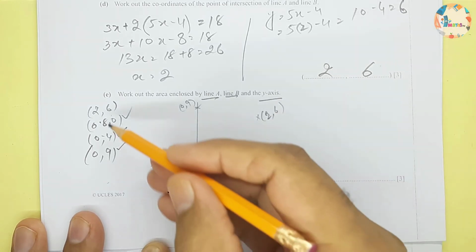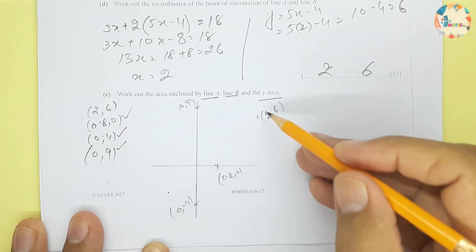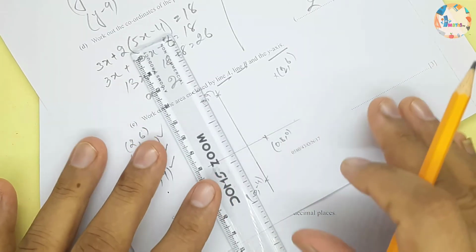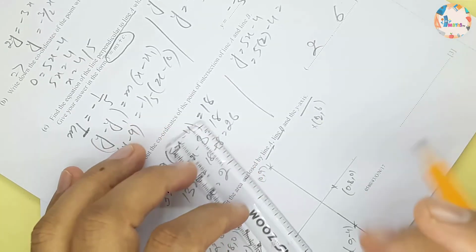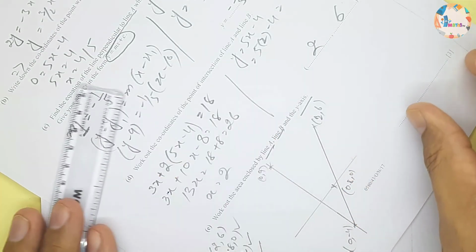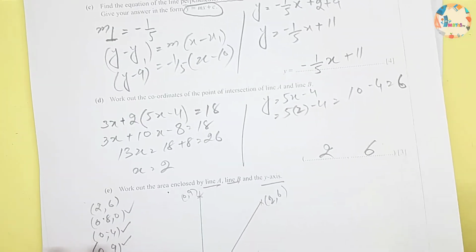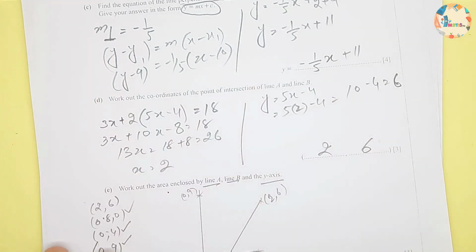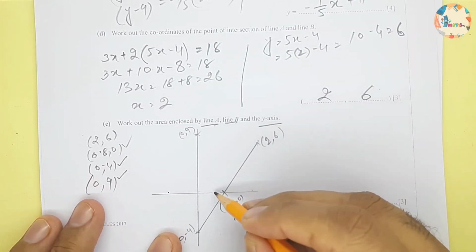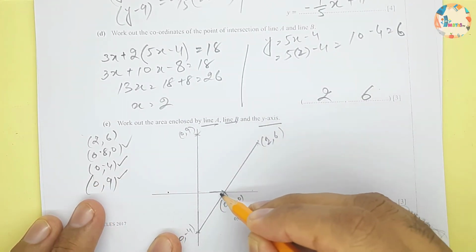So what we have done is taken these 4 points and indicated them over here. Now if I just rotate the page, we have to rectify our point. This will be this point. So this is done.